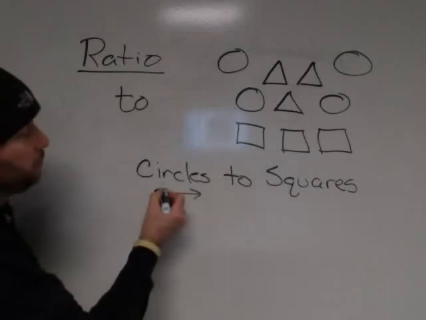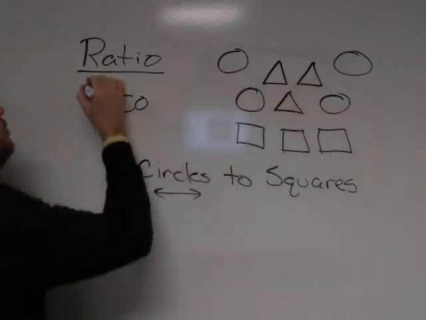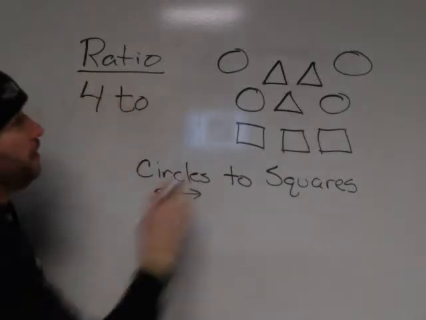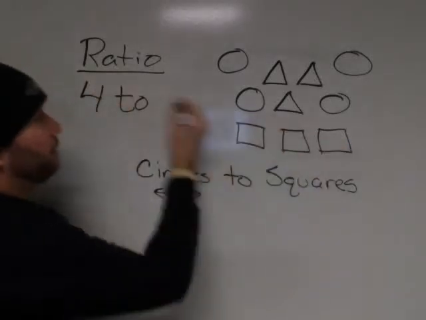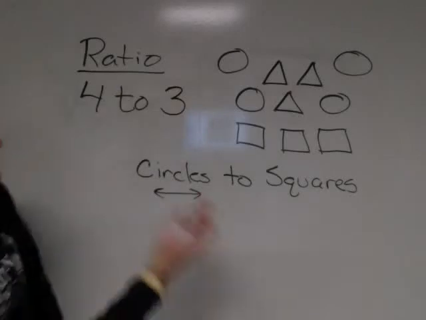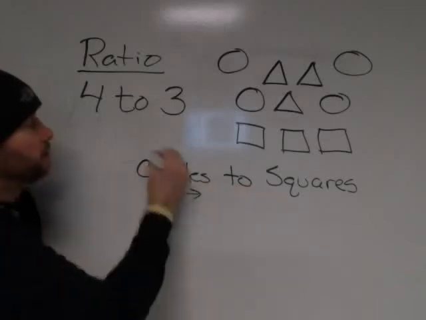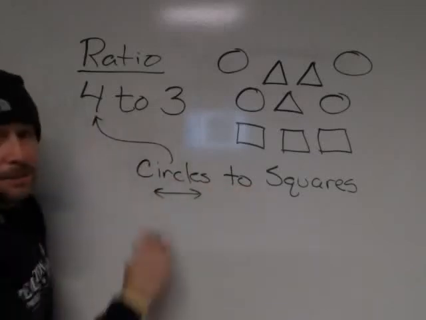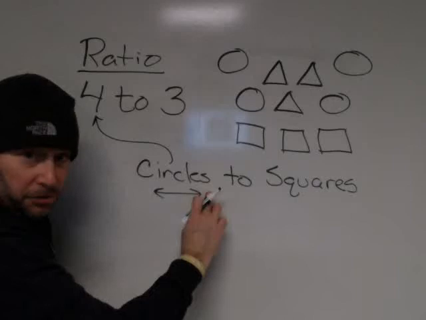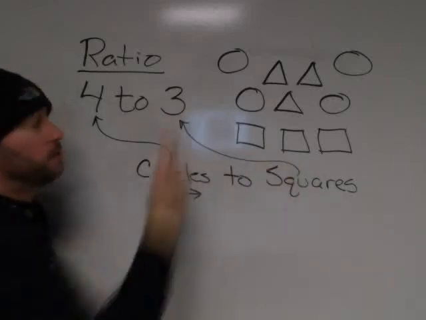First, we count the number of circles: 1, 2, 3, 4. We have 4 circles, to the number of squares, which is 3 squares. That is your basic ratio of circles to squares. Circles is the first number because it's mentioned first in the comparison, and squares are second.